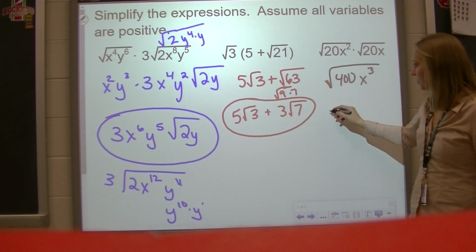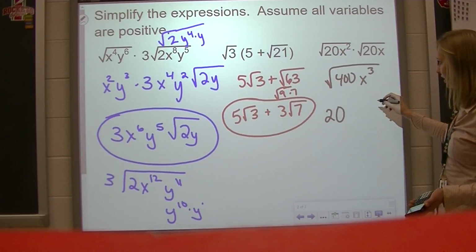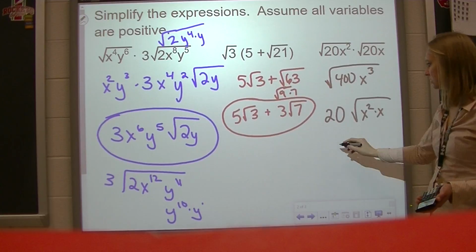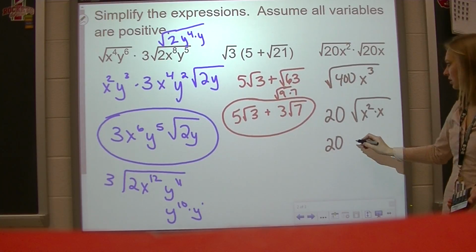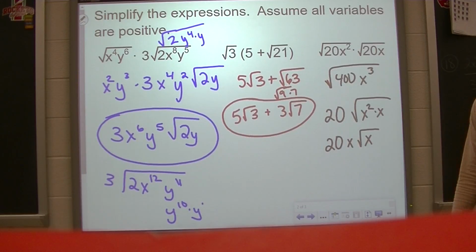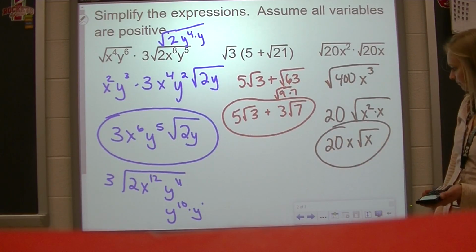So square root of 400, when you take it, you get 20. And then we have the square root of x cubed, right? But that can be rewritten as x squared times x. So it's going to be 20x and then square root of x, because 2 times 1/2 is 1. So that's your final answer there.